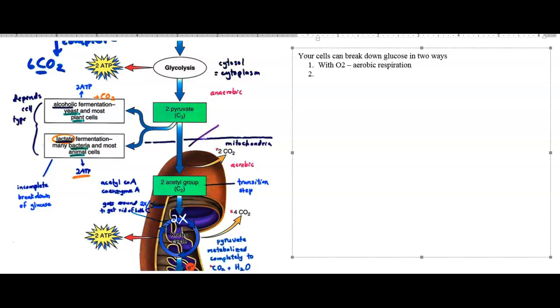And 2, without oxygen. That's called anaerobic respiration or fermentation.